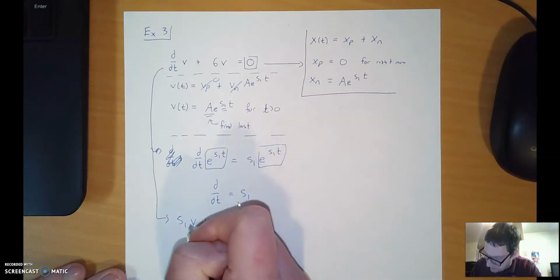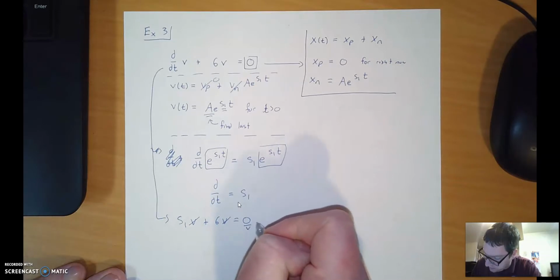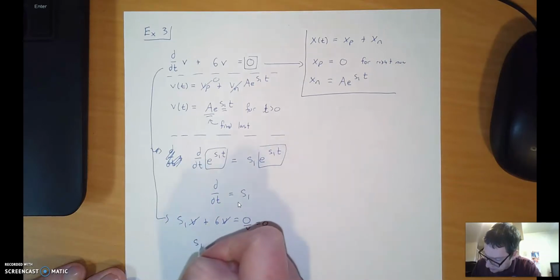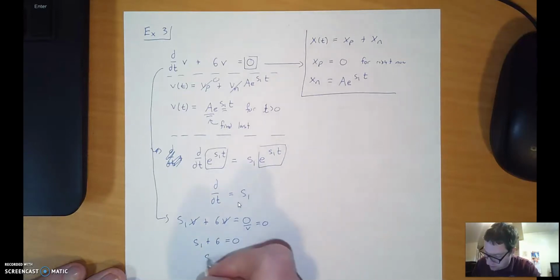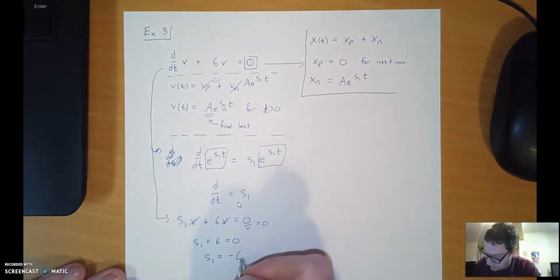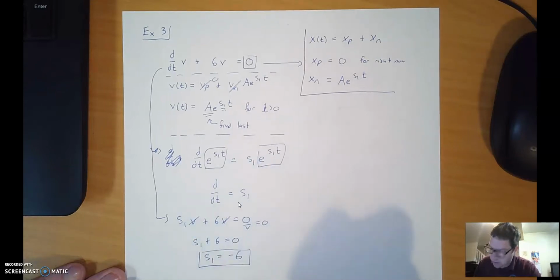When I divide by v, this one goes away and this one goes away, and I get 0 divided by v, which is 0. So then I get s1 plus 6 is equal to 0, which means that s1, our root, is equal to negative 6. So s1 equals negative 6.